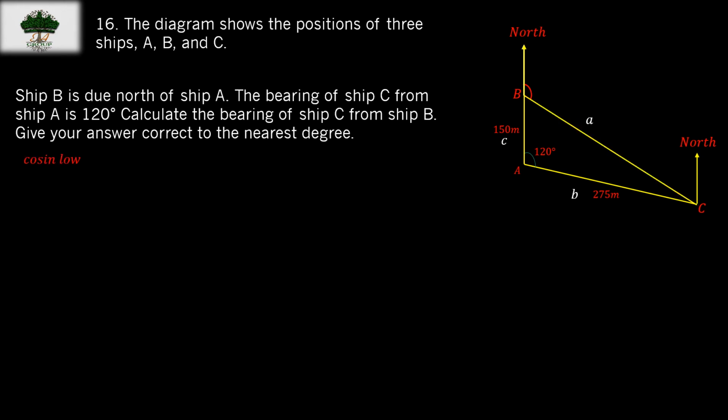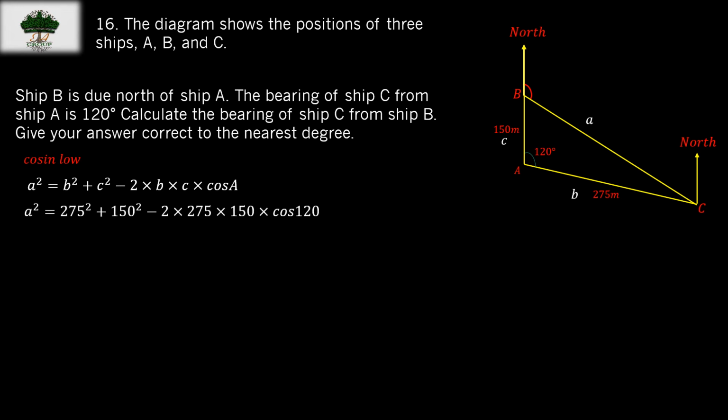The cosine law is this expression, A squared equals B squared plus C squared minus 2 times B times C cosine of the opposite angle A. So by substituting in this expression and doing the calculation, after finding the square root, we find A approximately 373 meters, correct to the nearest integer. So this side is 373 meters.